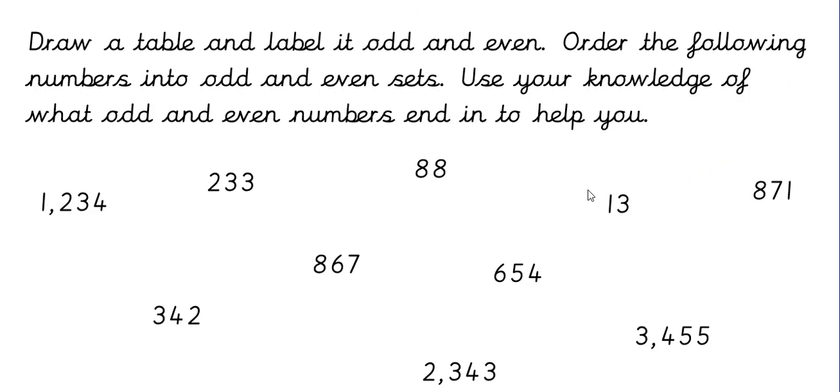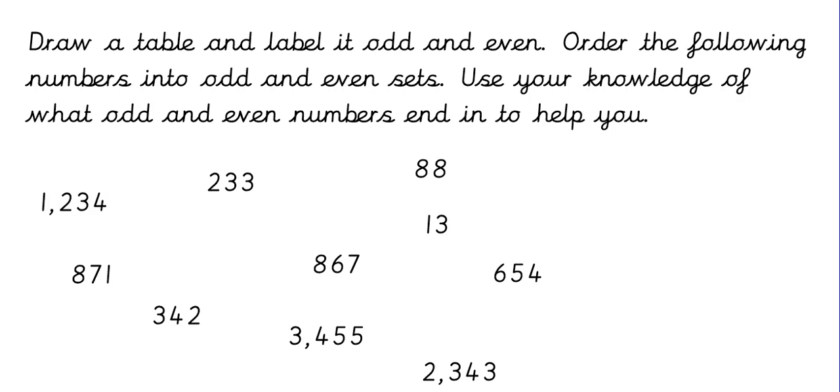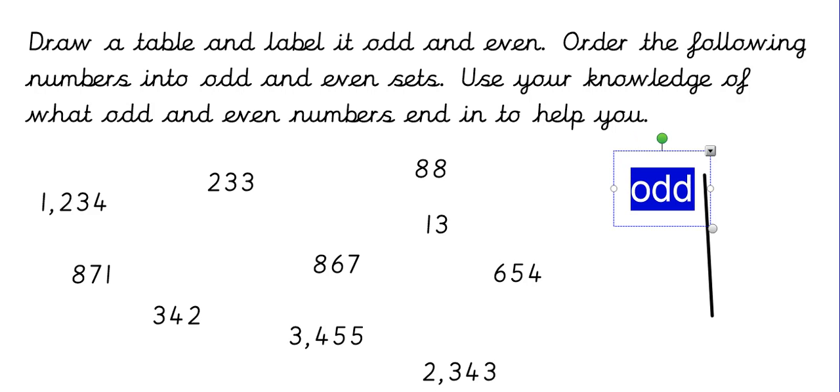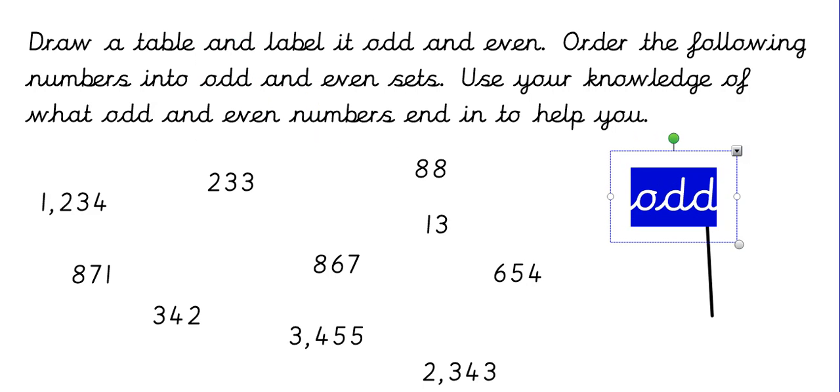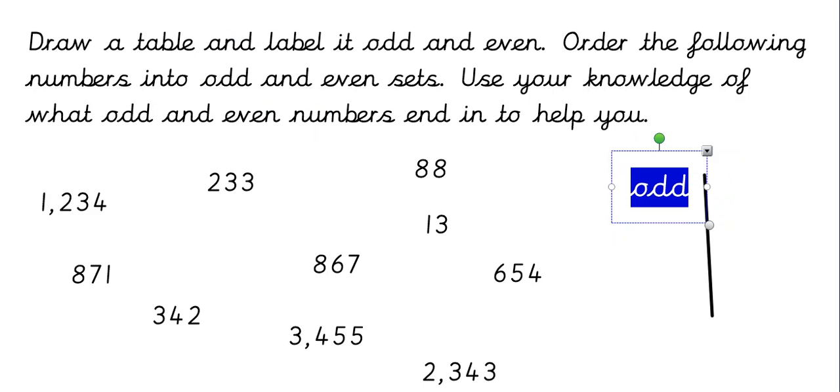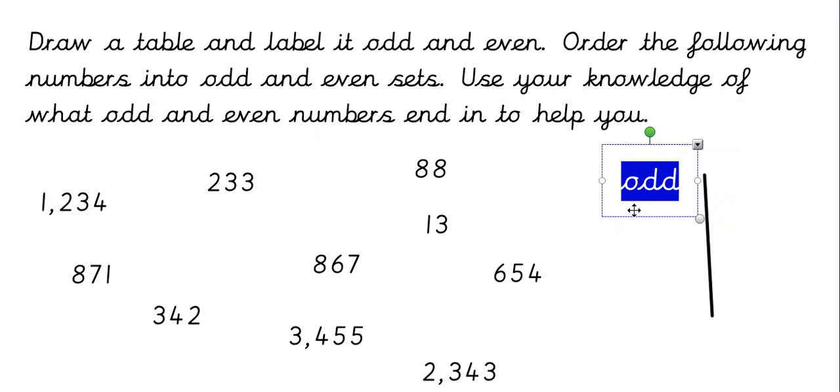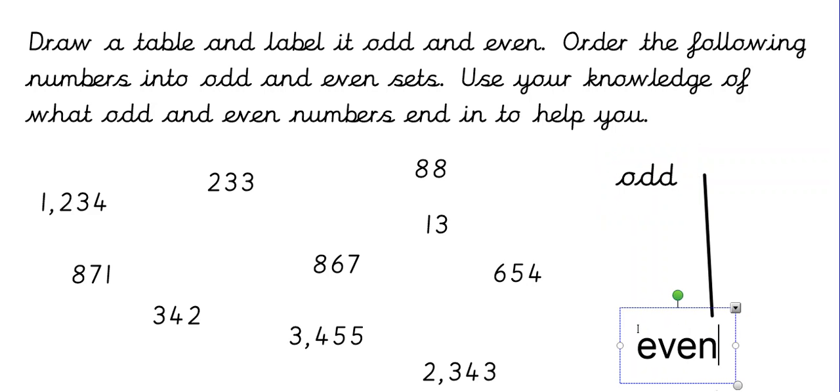Okay, so let me show you. So I'll just move these numbers over a little bit just so that then I can draw you a table. So you are going to draw a line down your page like this. Then on one side you are going to label it odd. Like that. Then on the other side you are going to label it even.